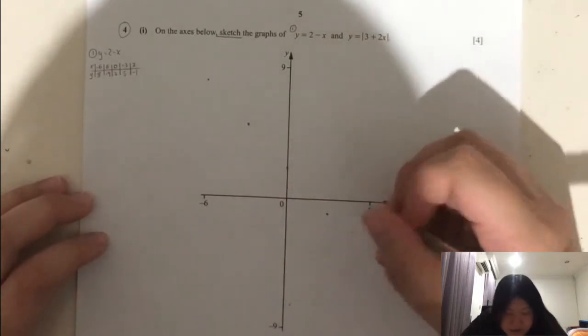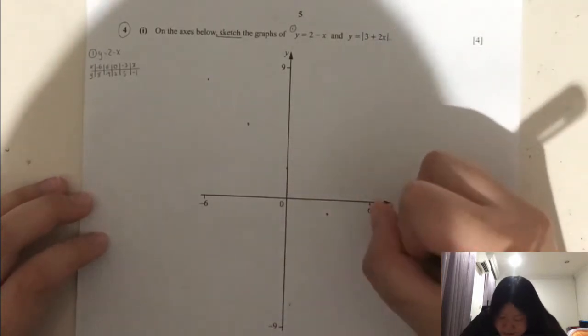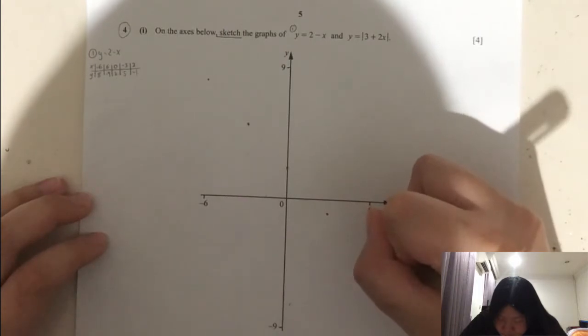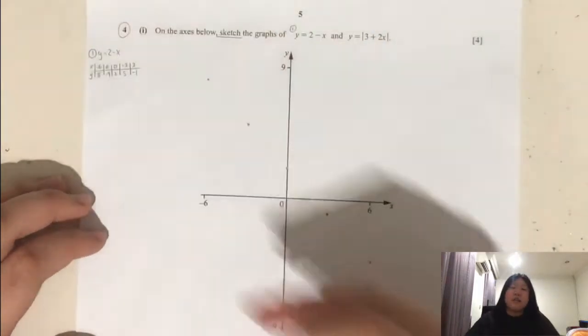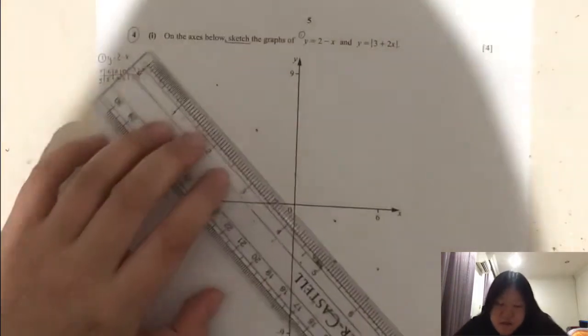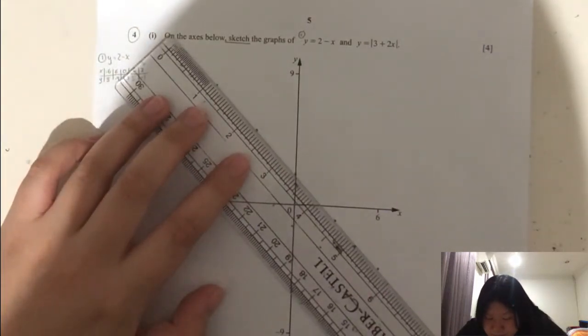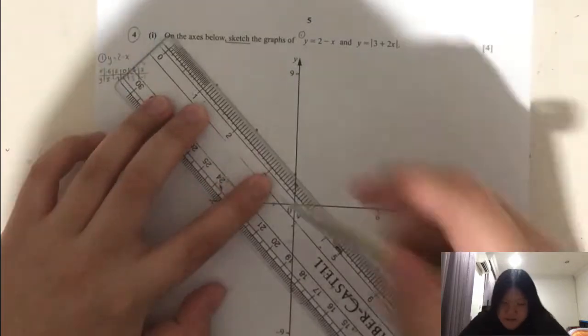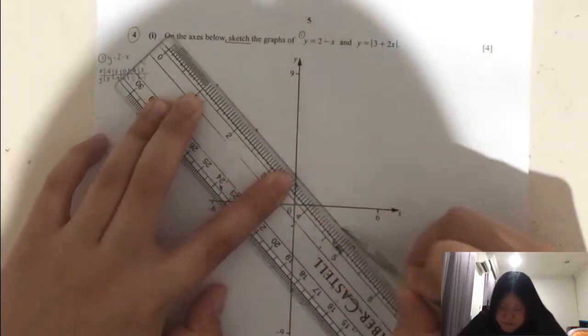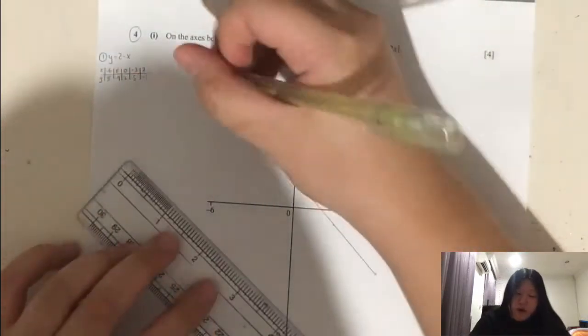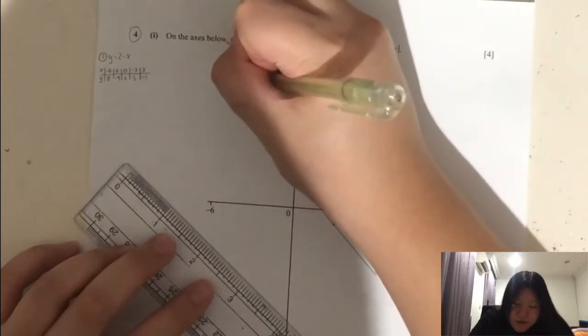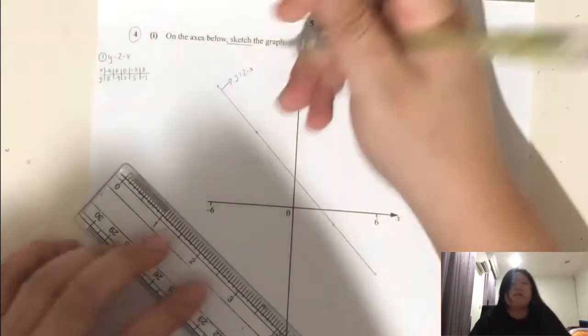And finally, 6 and -4 around here. Now we connect all the lines to get the graph of the equation. And don't forget to mark that this is the graph for y equals 2 minus x.